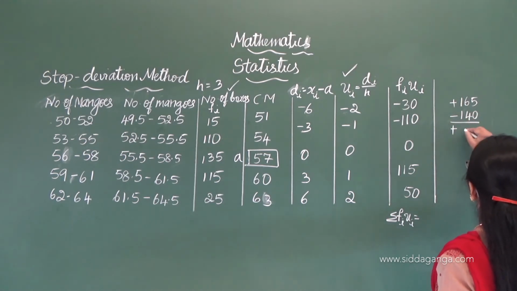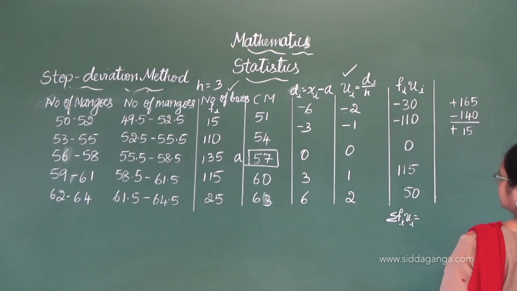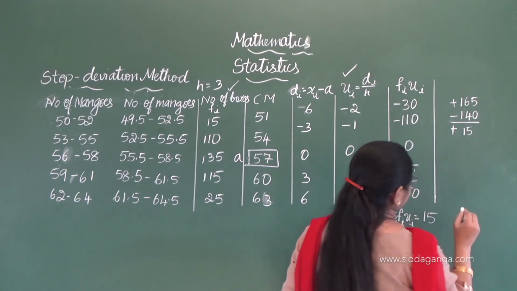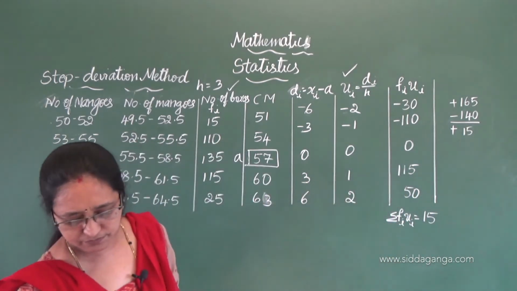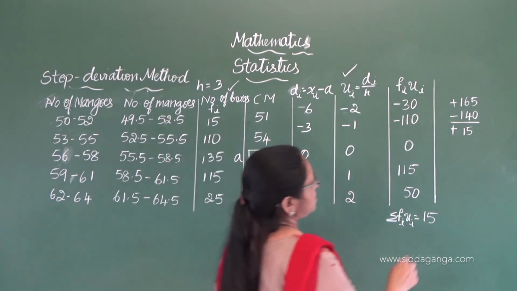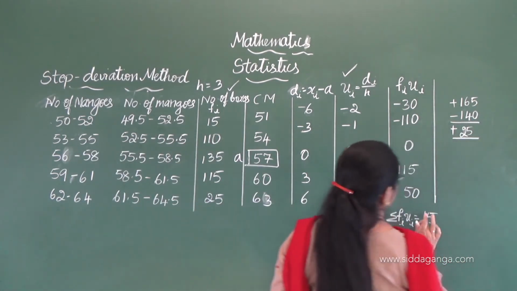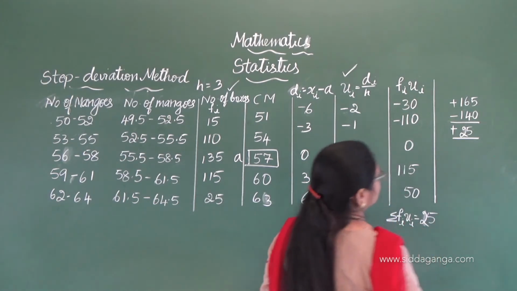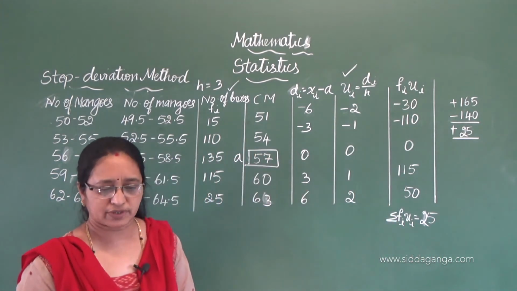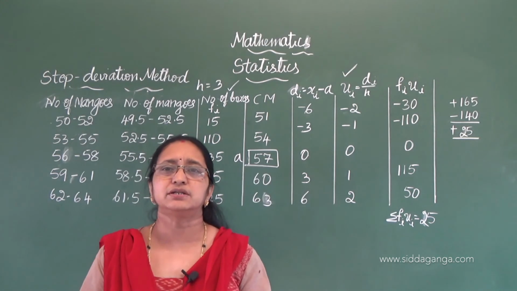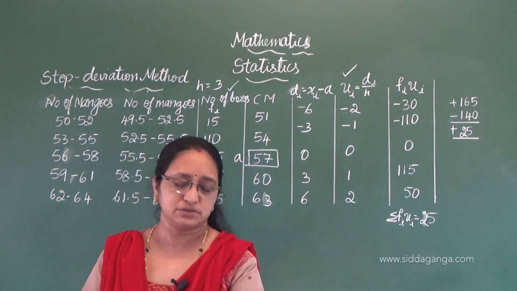Take the greater number's sign: 15 plus 50 and so on. So 25 is the answer.